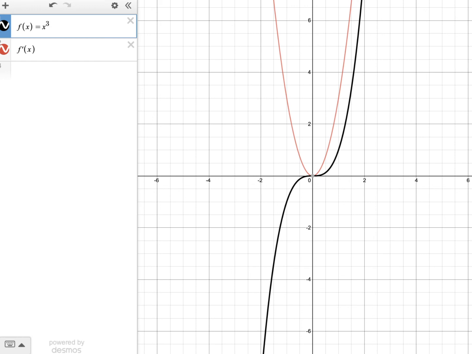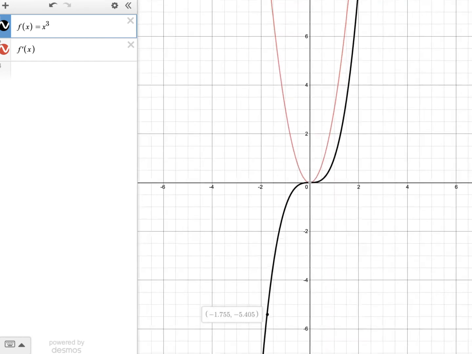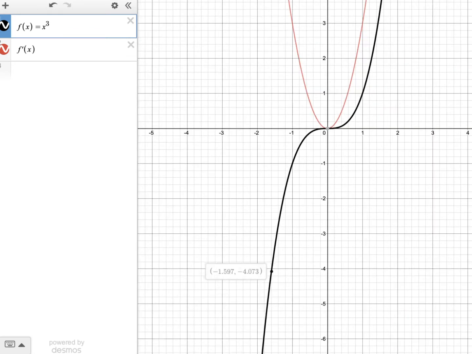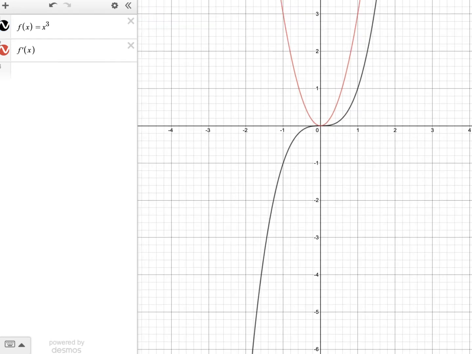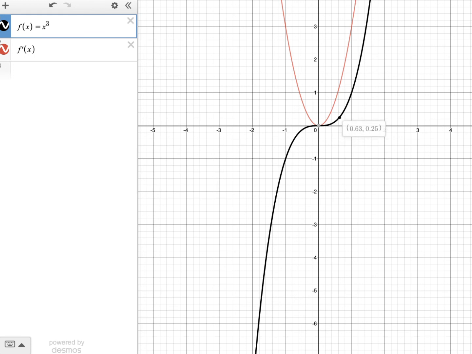But the slope, it starts off, try not to zoom as I do this, but the slope over here on this side is positive. Then it gets close to 0, and then it becomes positive again.